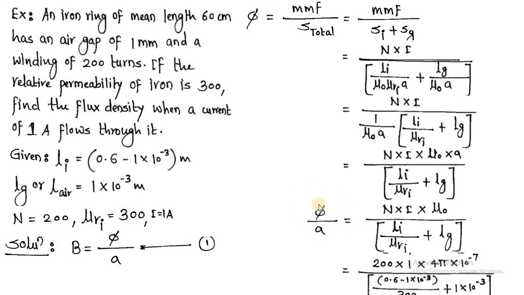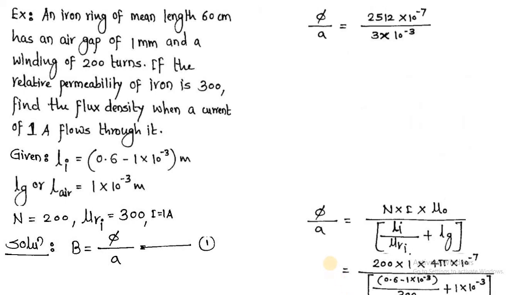So this ratio is nothing but flux density B, which is equal to N is 200, I is 1, mu 0 is 4 pi into 10 to minus 7, divided by the length of iron, 0.6 minus 1 into 10 to minus 3, divided by mu ri, that is 300, plus 1 into 10 to minus 3.